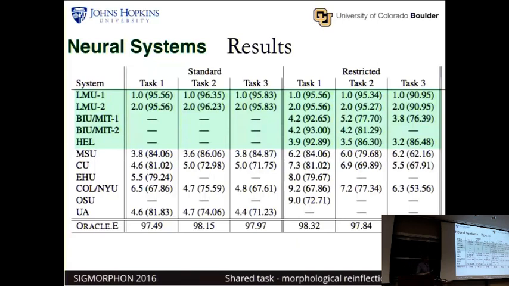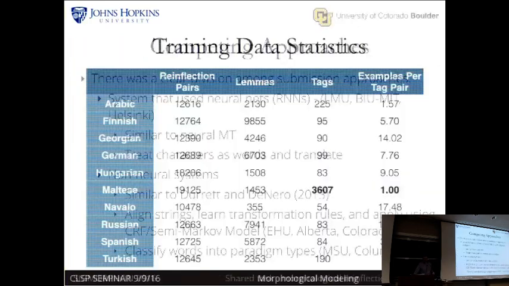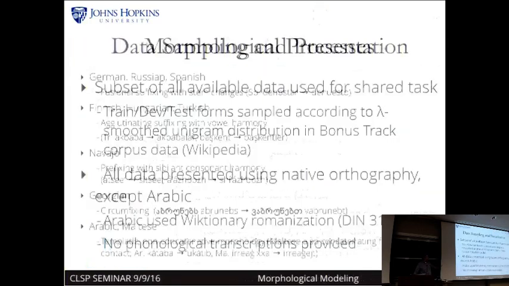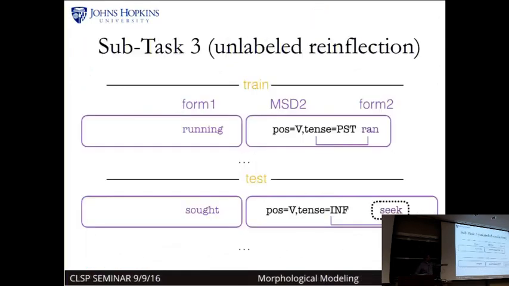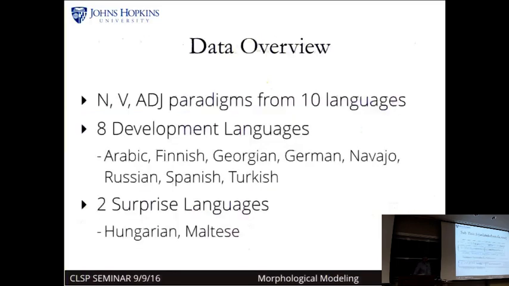Oh, sorry. These are average accuracies for the tasks for particular systems. You never had to produce a tag in any of the cases. You always had to produce particular words. So the accuracy is that you got the exact word correct. Did everybody participate in every language?